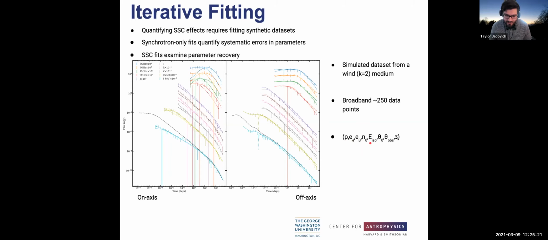This is the energy, the isotropic equivalent energy. So if you assumed that your beamed energy in the afterglow was coming from an isotropic blast wave, this is the energy you would estimate. The opening angle, so how wide the jet is opening, and then the observer angle, so where you are relative to the center of the axis.